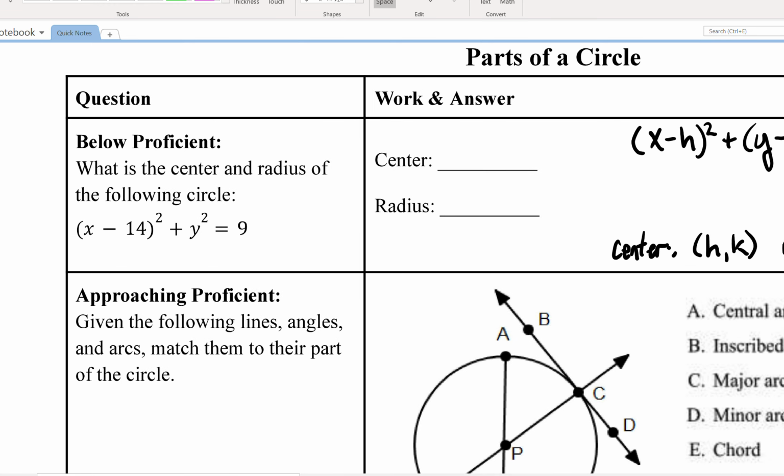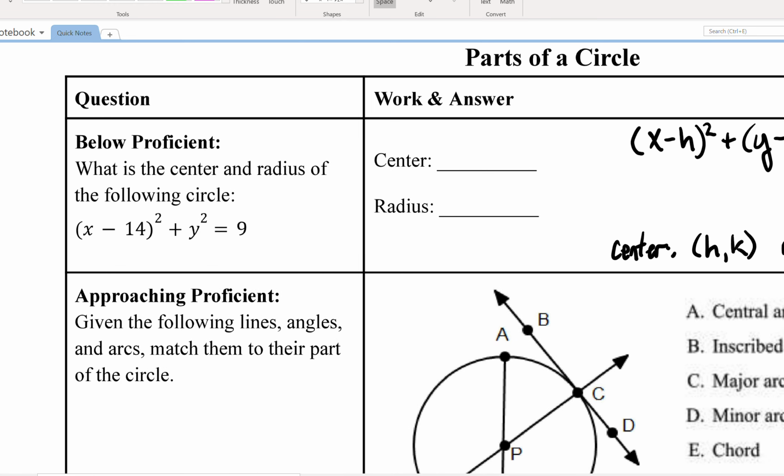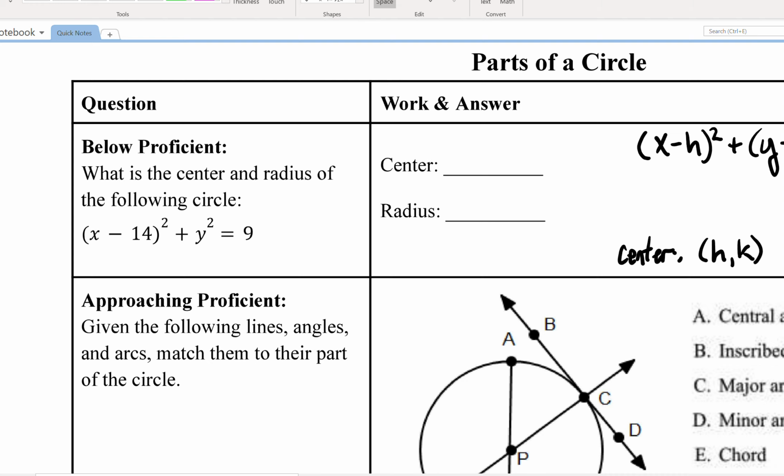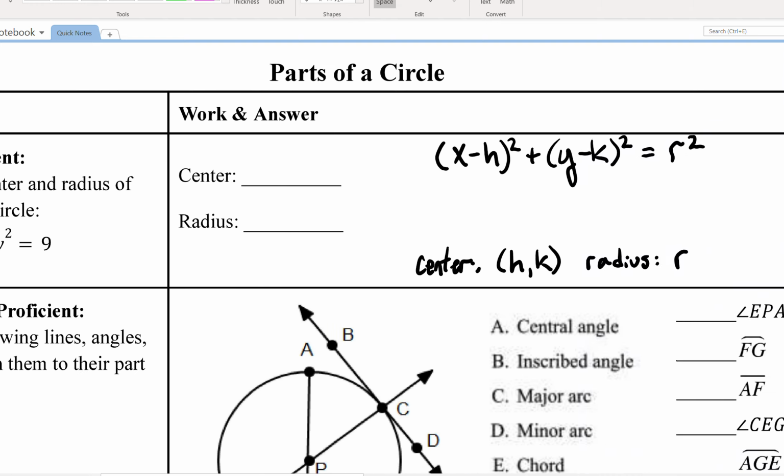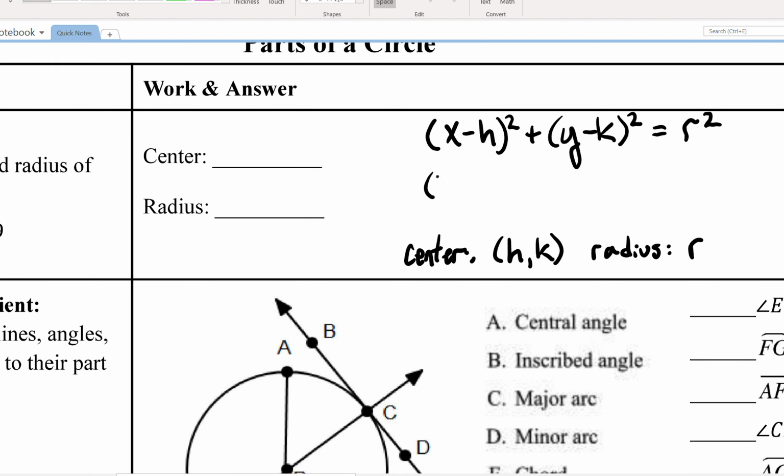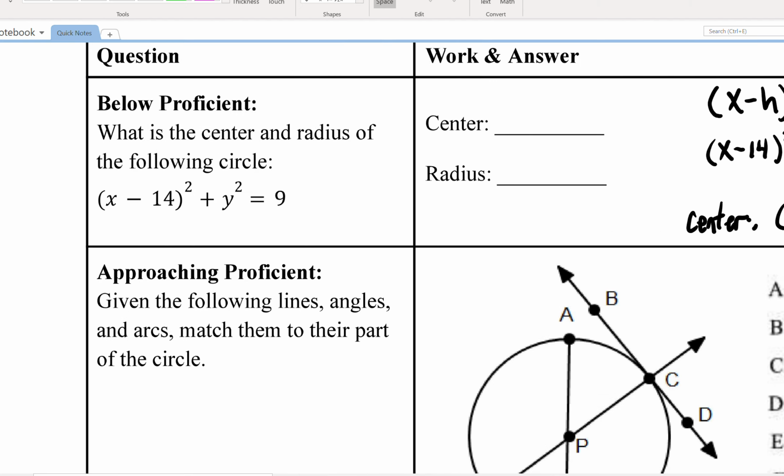Now I'm going to rewrite this equation to help us to kind of see what's going on. (x minus 14) squared, I'm going to write right here, plus, now instead of just writing y squared, I'm going to write that as (y minus some number) squared. Now if I didn't have anything right there, it's the same as just having y squared.